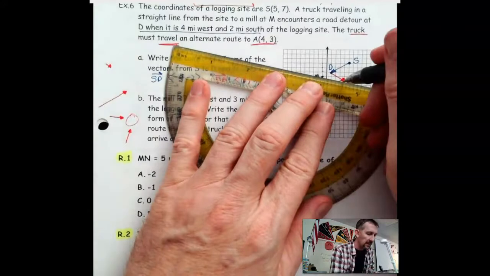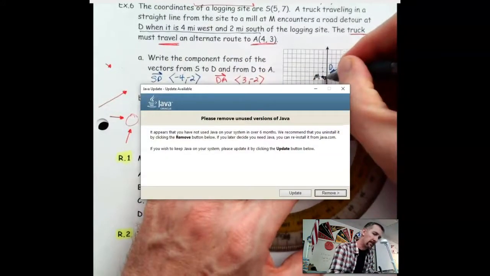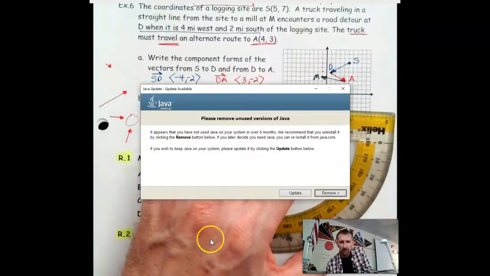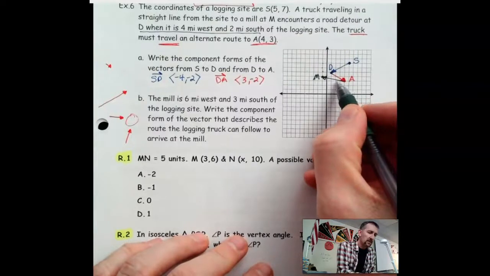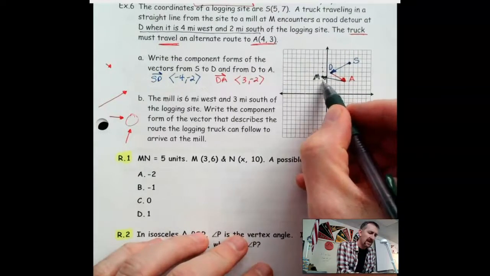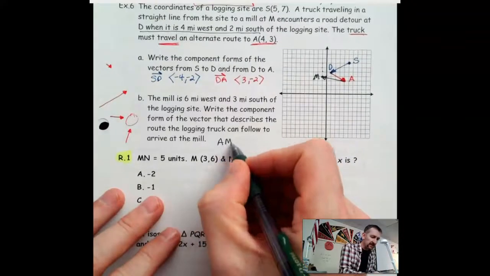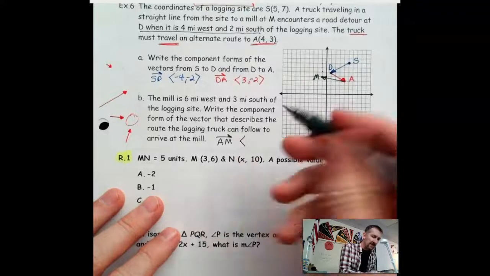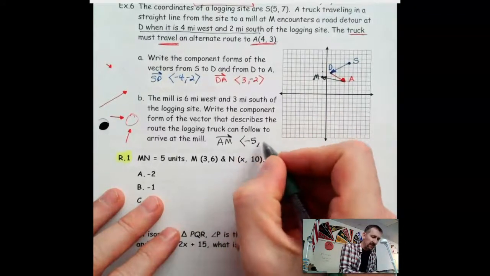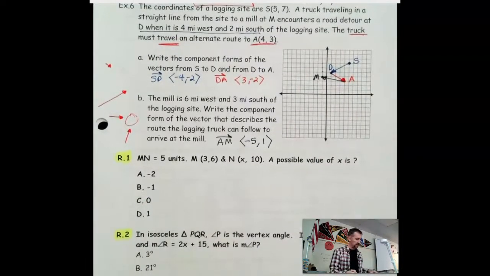So that would be here. So this is going to be 1, 2, 3, 4, 5, and 1. So the vector is A to M, and we went 5 to the left, so that's -5, and then we went up 1, so that's going to be 1 right there.